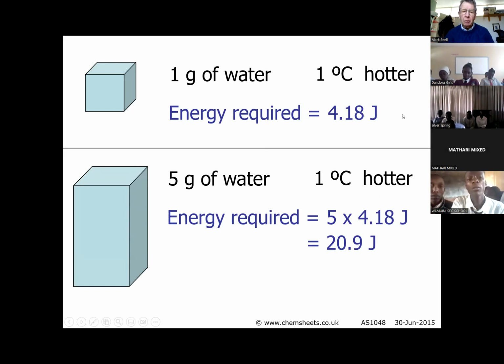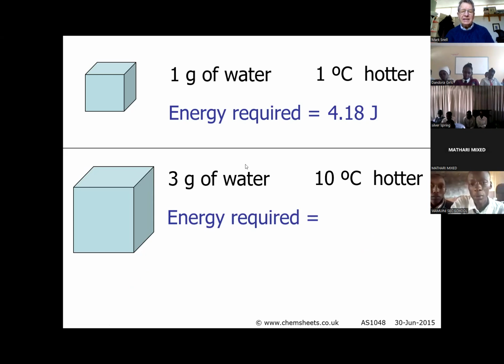We can make it more complicated. So let's say we have 3 grams of water and it's 10 degrees Celsius hotter. Many of you will know, you can have a go and work it out yourself just now. If you want to check your arithmetic: if it is 1 gram, 1 degree is 4.18, then if I make it 3 grams and 10 degrees Celsius hotter, how many joules would be needed?